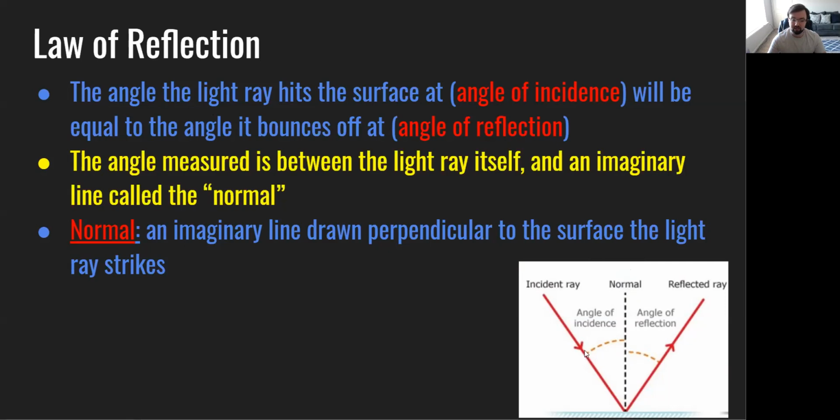The angle of incidence is from the incident ray to the normal, and the angle of reflection is from the reflected ray to the normal. And these angles are always going to be equal to each other. So if I have a 30-degree angle of incidence, I have a 30-degree angle of reflection, always. So this is important.